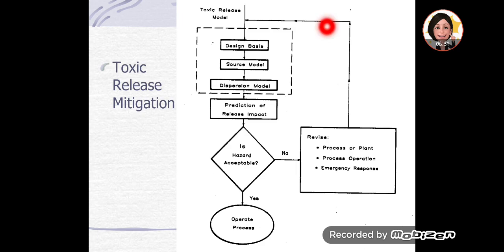So in conclusion, we need the basic information about chemical release, like the point of release, and then the relevant source model and the dispersion model. From there we can predict the release impact. If the hazard is acceptable, yes, we can operate the process, but if it is not, then we have to revise it.